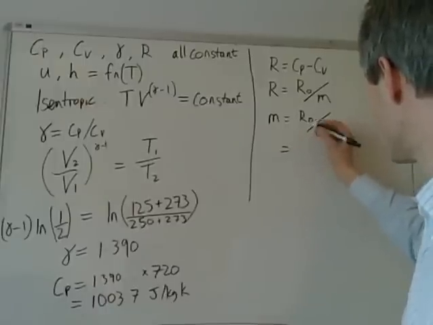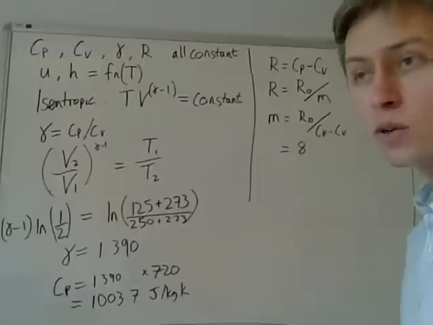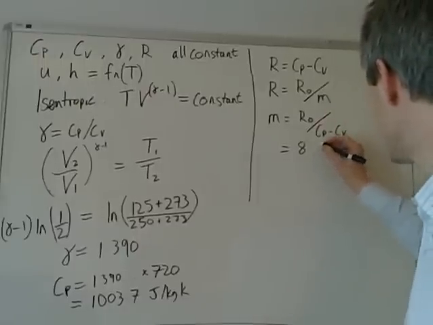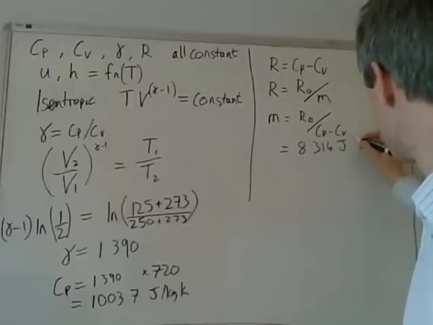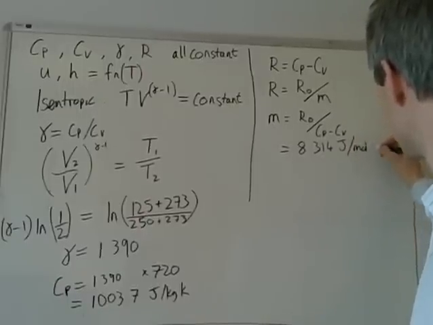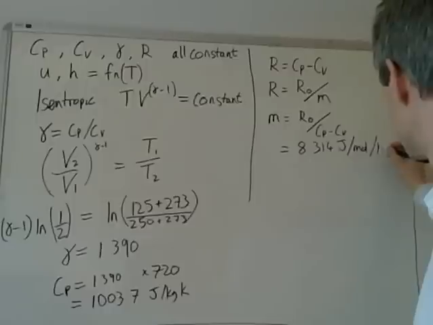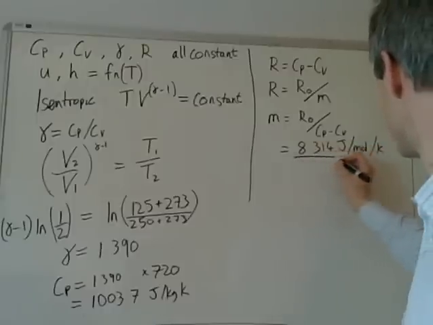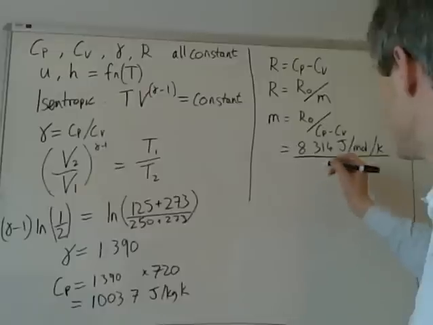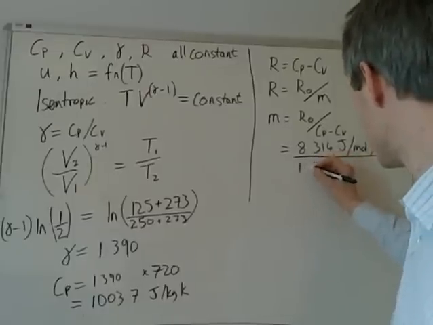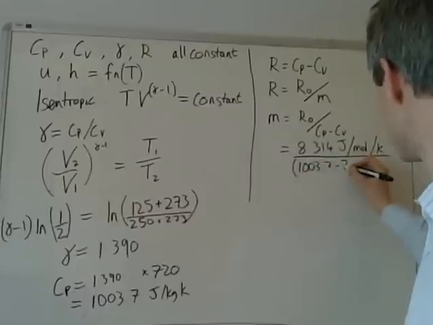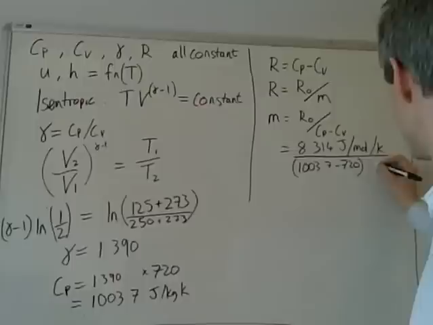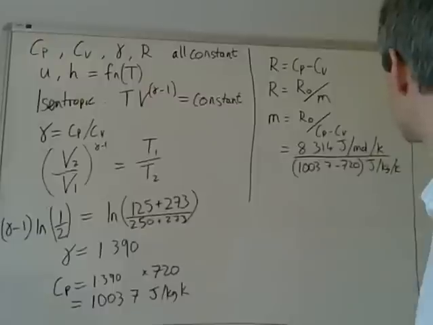Now let's just put the values in there. Value of the universal gas constant, if you look in your data book, it's in there. 8.314 joules per mole per Kelvin. And we want to divide that by Cp minus Cv, which is 1003.7 minus 720 joules per kilogram per Kelvin.